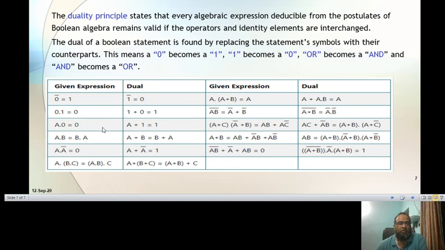Similarly, A dot 0 is equal to 0, A plus 1 is equal to 1. Then AB is equal to BA; similarly, A plus B is equal to B plus A. For any expression, if you change 1 into 0 and the AND operation into the OR operation, you can get its dual. So, only two states are there: AND and its dual is OR, and 1 its dual is 0. Thank you, that is all.